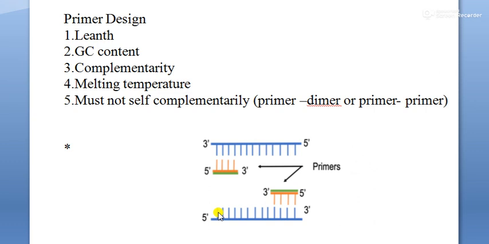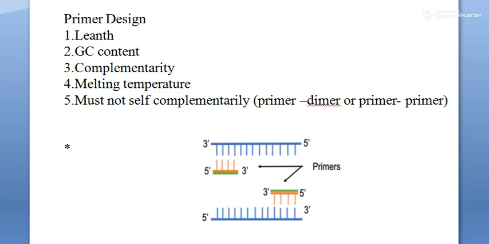Next, number 3, the complementarity. That means the primer used for the particular DNA is obviously complementary with the specific DNA. So that means we need similar types of nucleotides present in the primer.